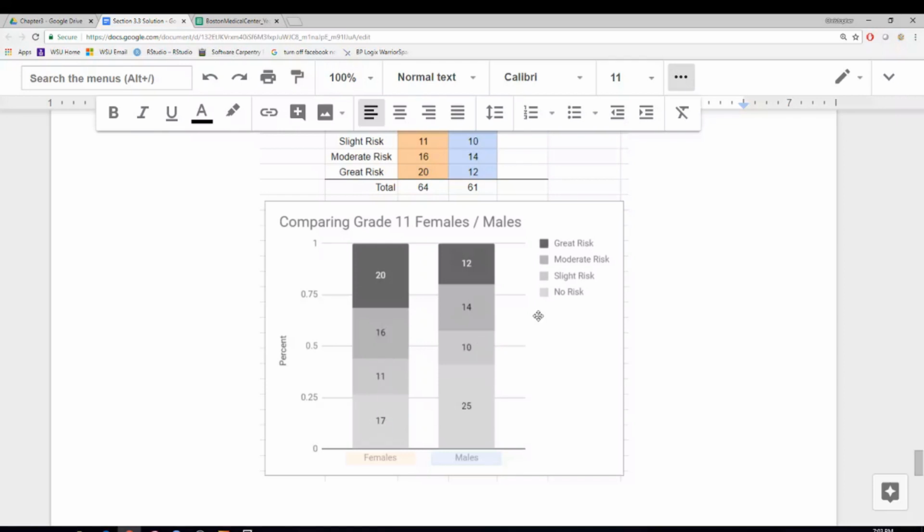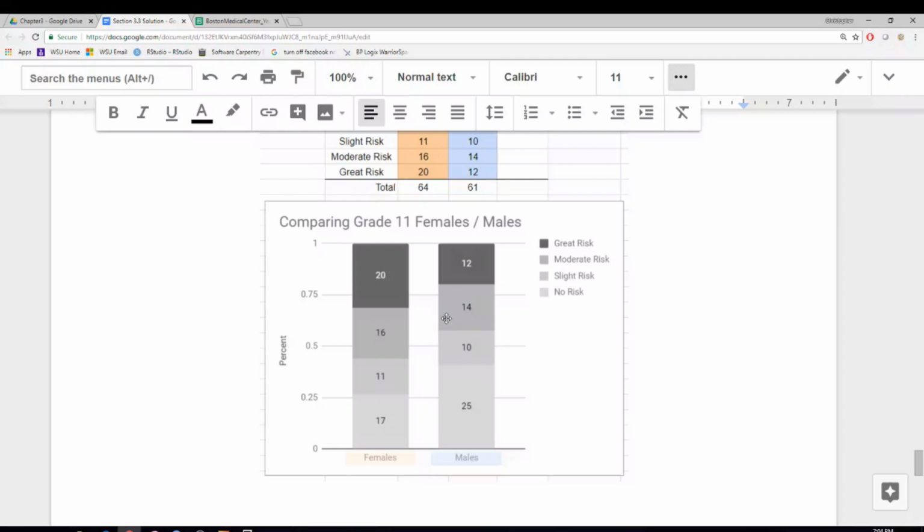As far as the slight risk group, that's the second one here. It's slightly darker gray. And for that matter, the moderate, those seem to be pretty even across. So for the slight risk, it looks like it's another 10 or 15 percentage points. For the moderate risk, it looks like it's about 20%.